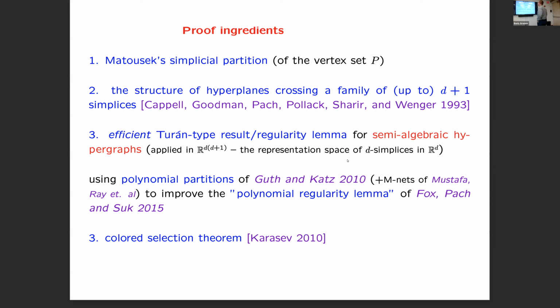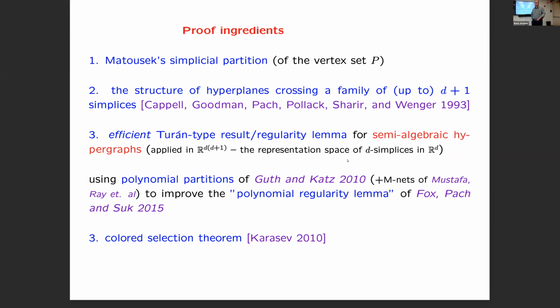And we also use the structure of hyperplanes crossing a family of up to d+1 simplices in this space. And we also have a very interesting ingredient of its own interest, a new and efficient Turán-type result for semi-algebraic hypergraphs.